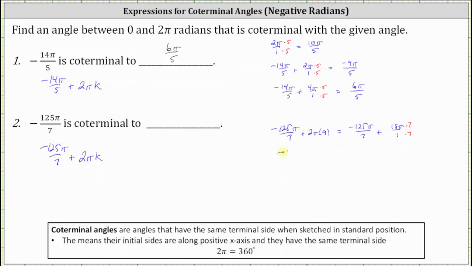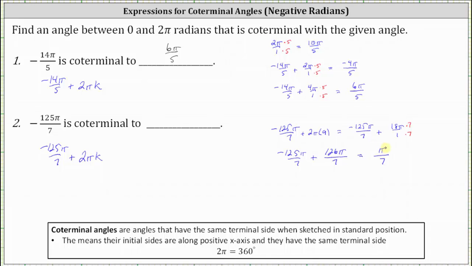This gives us negative 125 pi divided by 7 plus 18 pi times 7, which is 126 pi, and the denominator is 7. When adding, the denominator remains 7, and the numerator is now negative 125 pi plus 126 pi, which is 1 pi or just pi.